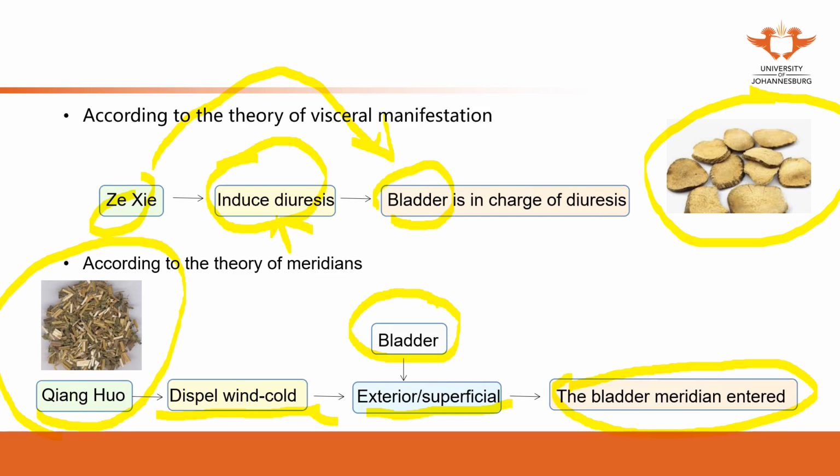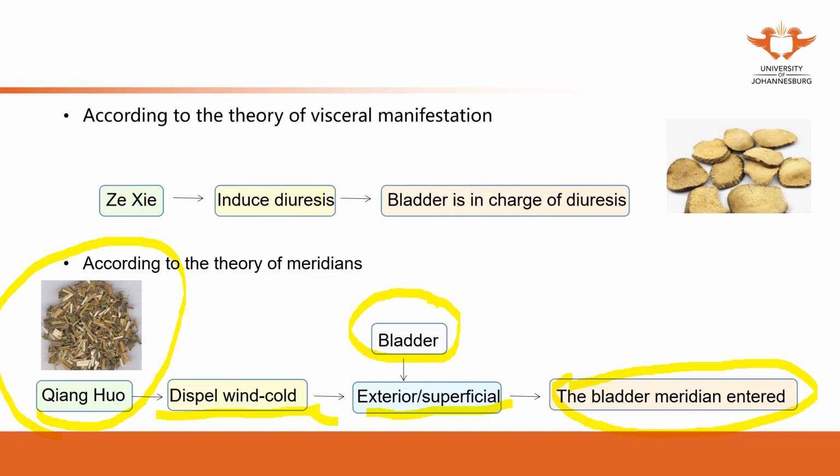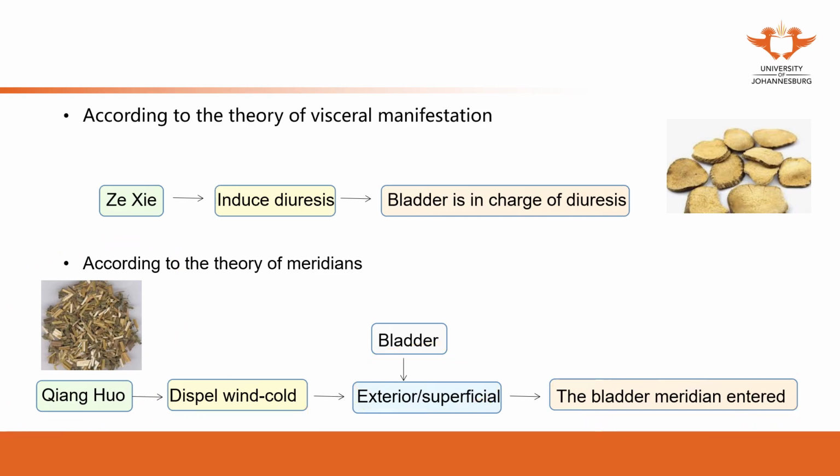Especially when we talk about the six meridians, at the last session of the diagnostics we didn't go through the six meridians in detail. The bladder meridian is in charge of the anterior superficial, the 太阳 syndrome. So 藿香 enters the bladder meridian. So in this way, we define that 藿香 has the meridian tropism of bladder meridian.